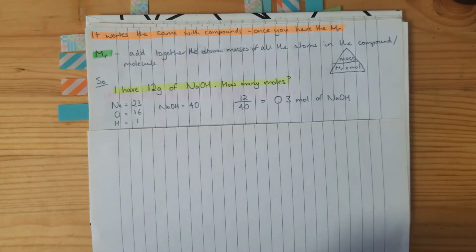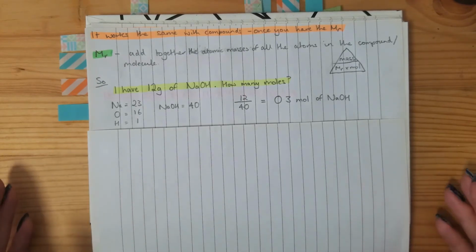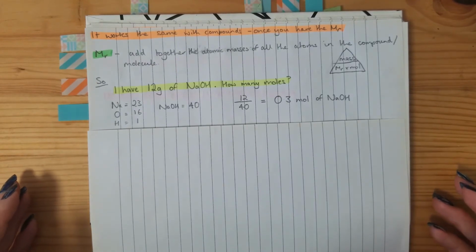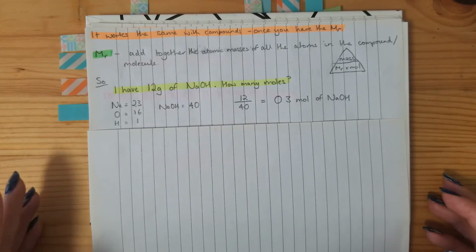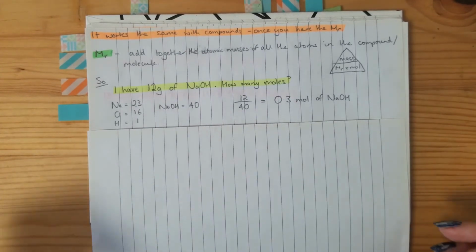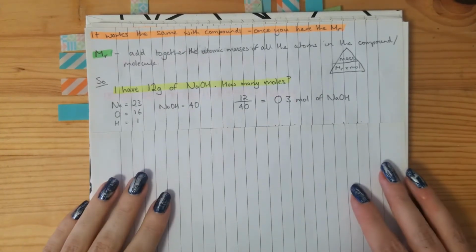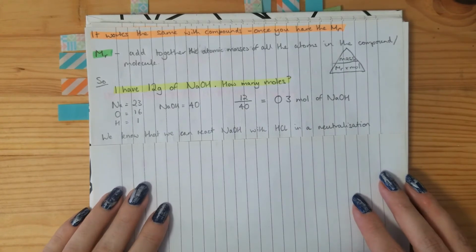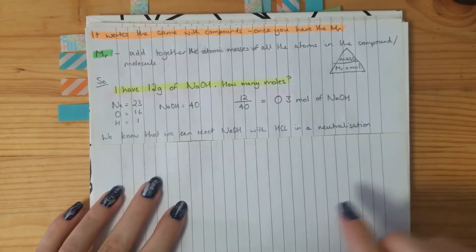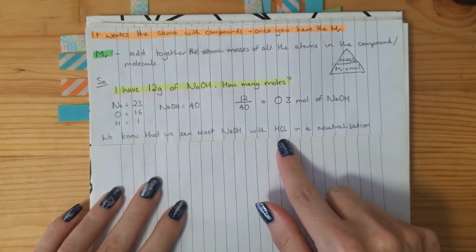Why is this useful in the lab? Well, once we know we've got 0.3 moles of sodium hydroxide, we can work out how much of other chemicals we need to react with it. Because we don't want to waste chemicals in the lab. We're looking at keeping the amount of chemicals used to a minimum. So if we were saying, okay, we're going to do a neutralization, we're going to react sodium hydroxide with hydrochloric acid.